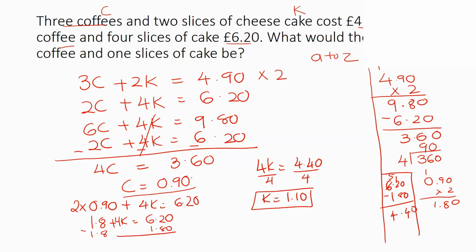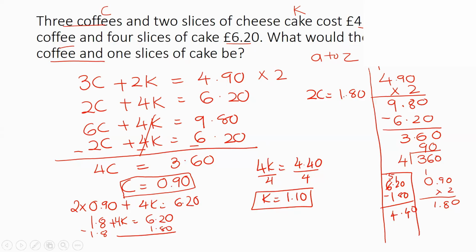So we have the price of one coffee and one cake. And now our final task is to find the cost of two coffees and one slice. So two coffees: one coffee is 0.90, so two coffees is going to equal 1.80.